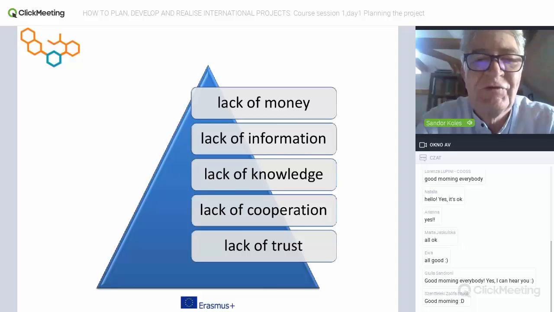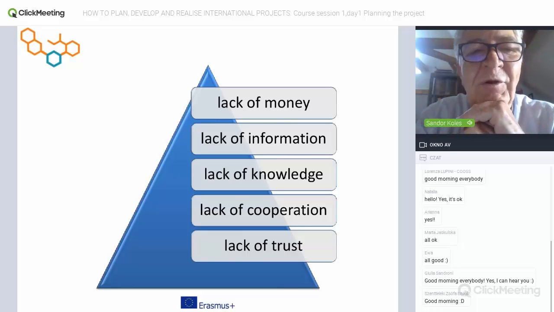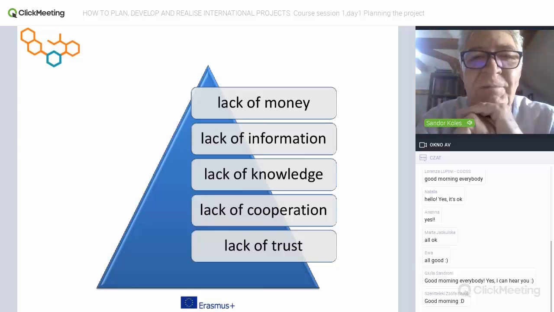Why are you not able to develop your ideas further? Usually the answer is that we don't have the money to do this. So the first layer on the top of this pyramid is the lack of money. We don't have funding, we don't have resources to do something, and usually these people are complaining about the lack of funding resources.